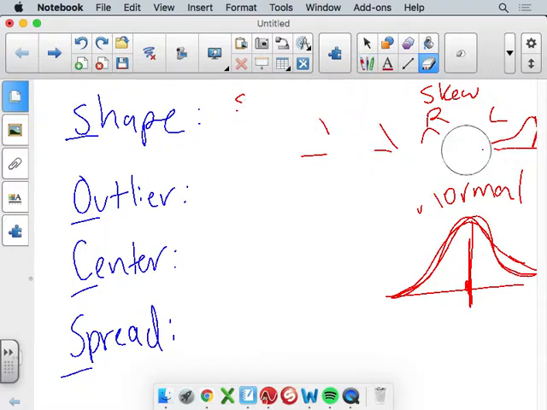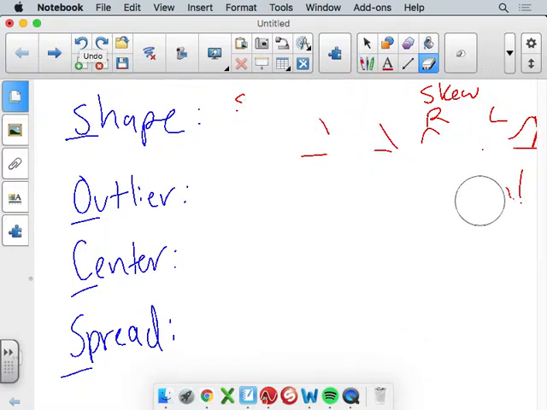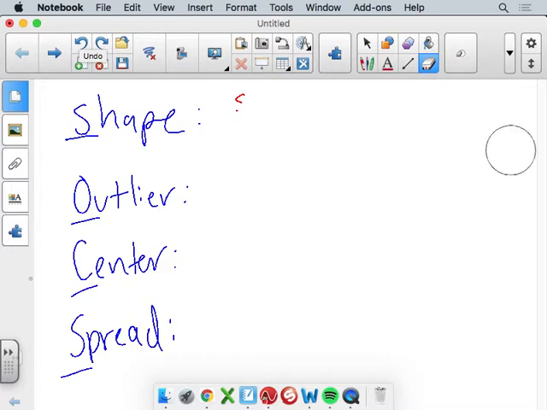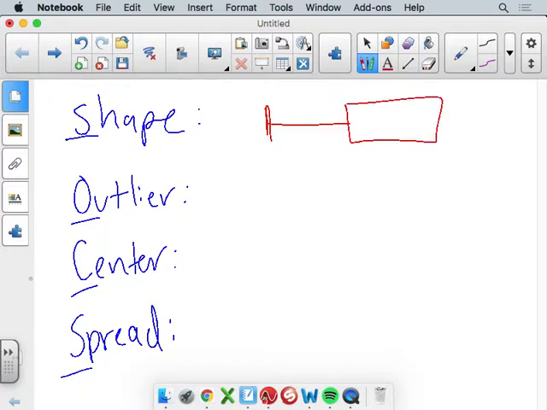So outlier. An outlier is a data point that's far away, and to prove it mathematically you use a box plot. So maybe I'll go over a box plot real quick, and draw one here.